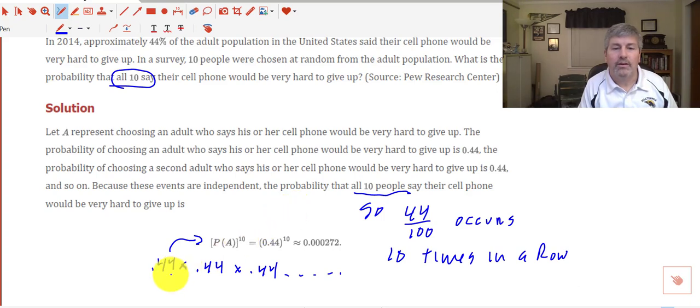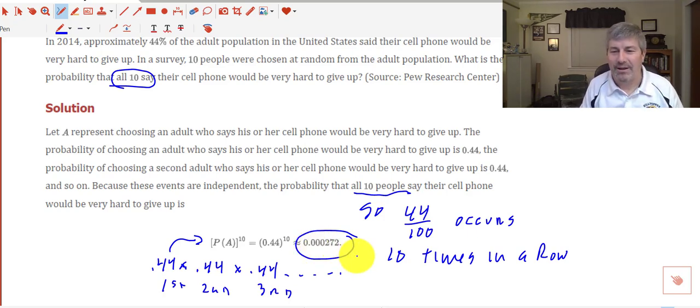The probability is 0.44 for the first person, and then the second person, it's also 0.44, and the third person, it's also 0.44, 10 times in a row. So 0.44 raised to the 10th power is this probability. Not very many, so pretty small chances there. 0.000272 is what that comes out to.